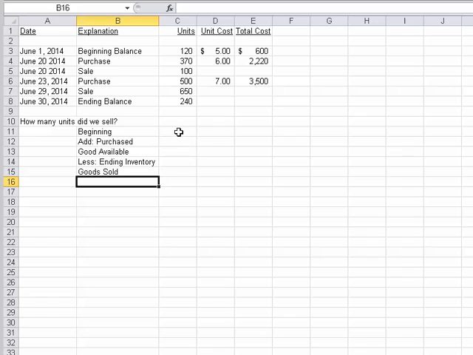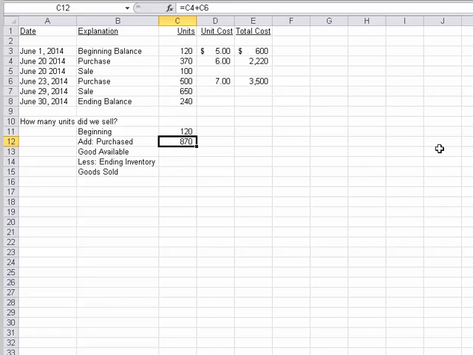Alright, so we know in beginning inventory we had 120 units, and we had purchases of 370, and then 500. That's it, just those two purchases. So that comes to 870.